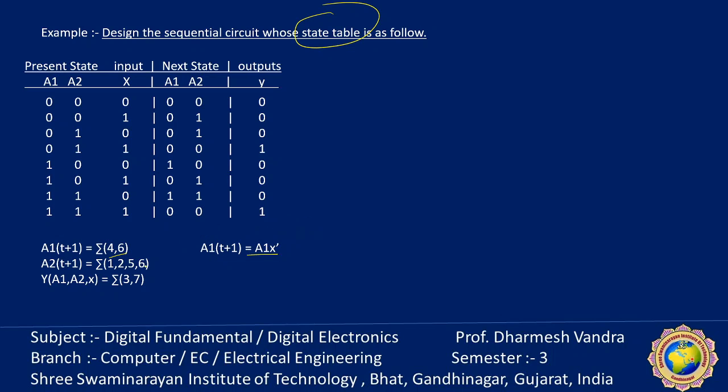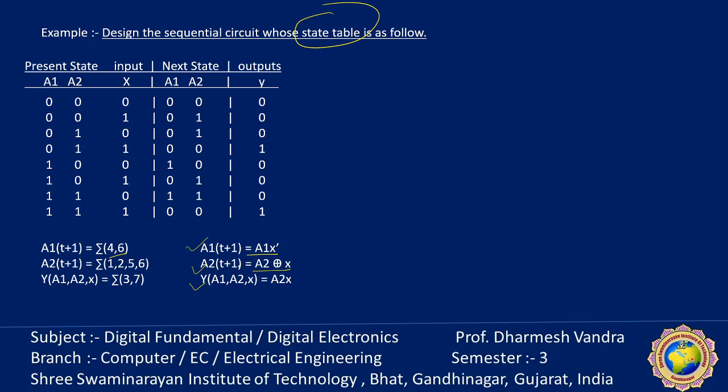A2 is 1, 2, 5, 6. With the help of Boolean algebra, the A2 equation is A2 exclusive-OR X, while the final output is minterms 3 and 7, which is given as A2X. So these are the three expressions for the combinational circuit.